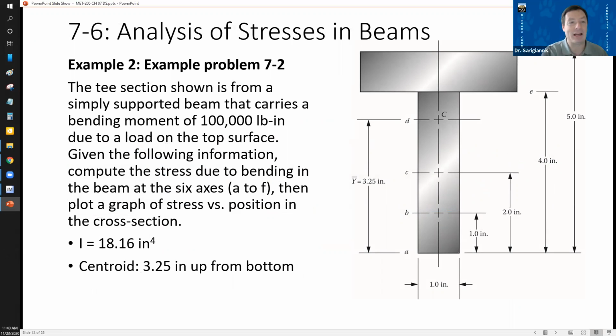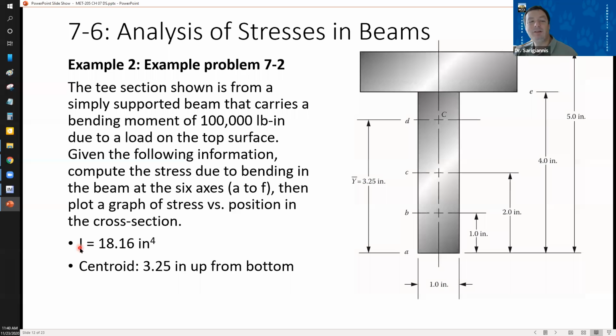This is another example now, and this is a beam that's obviously not symmetric. And I think I took this from example 2 in your book. I don't know if I changed the data at all. Probably not. All right, so I've got this beam, and it carries a load, and that load generates a bending moment of 100,000 pound-inch in the beam, right? And you're given a bunch of information here.